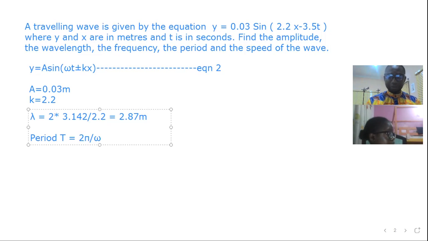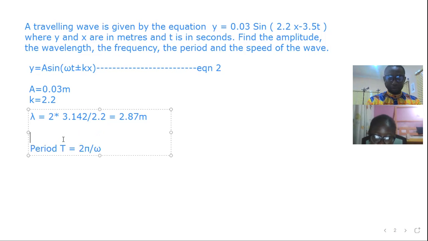We know definitely that before now, angular velocity was equal to 2 pi f, and f is 1 over big T. So when we cross multiply, big T is equal to 2 pi over angular velocity. Now, from that question, what is the angular velocity there?